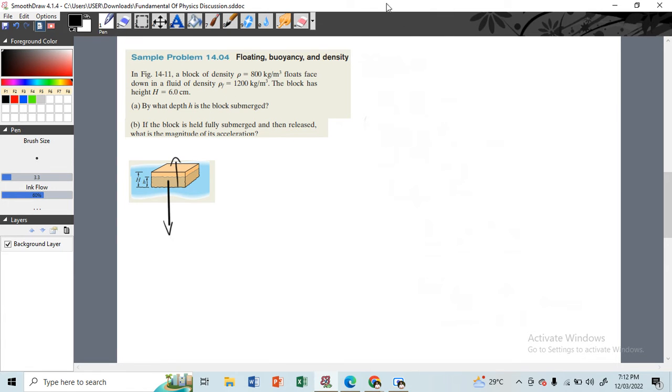Okay, from this question, we get some information. Let's list it. The first one is the density of the block, which we call rho, equal to 800 kilogram per meter cubed. Then we have the density of the fluid, rho f, equal to 1,200 kilogram per meter cubed.